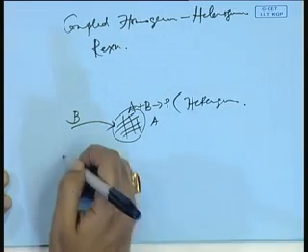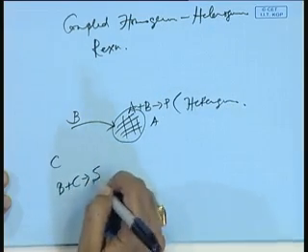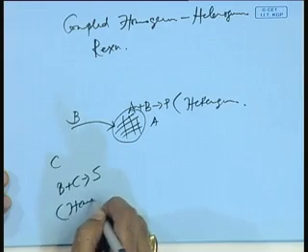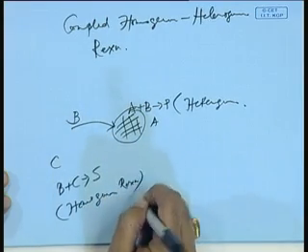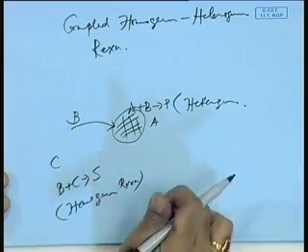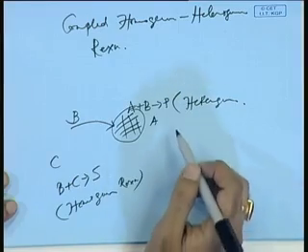And then you have C in the bulk phase, and another reaction B plus C giving S is happening in the bulk phase, and this is a homogeneous reaction. Is it clear? A coupled homogeneous heterogeneous reaction is a network of reactions in which some of the reactions are in the bulk phase or homogeneous phase, some of them are in the heterogeneous phase, and then you can have other kinds of things happening.